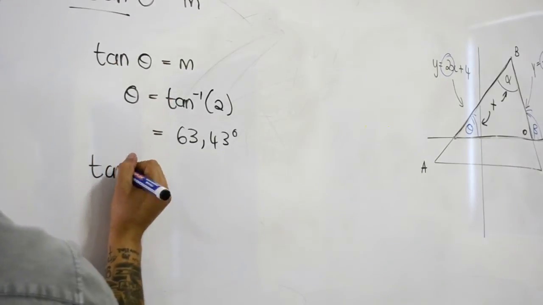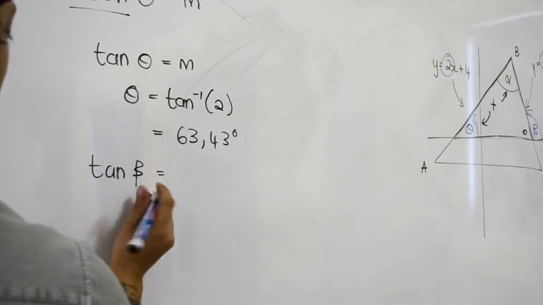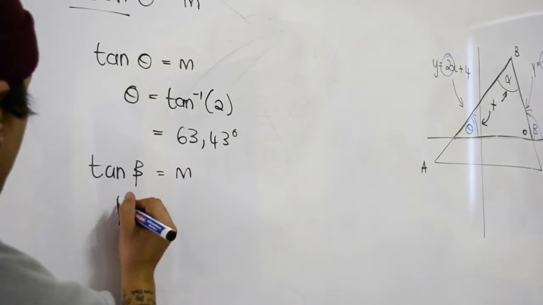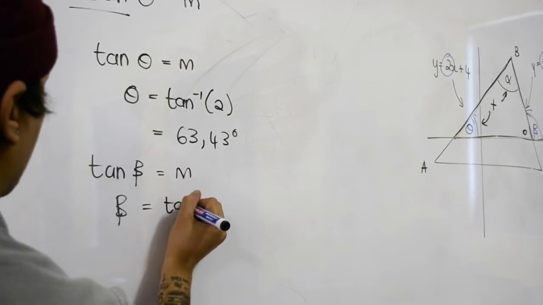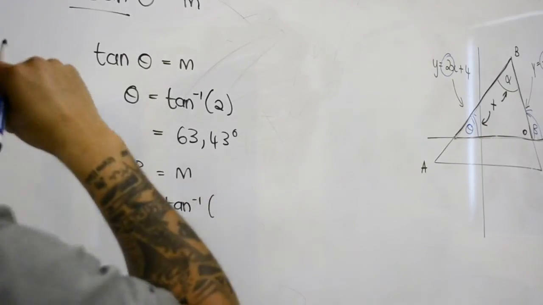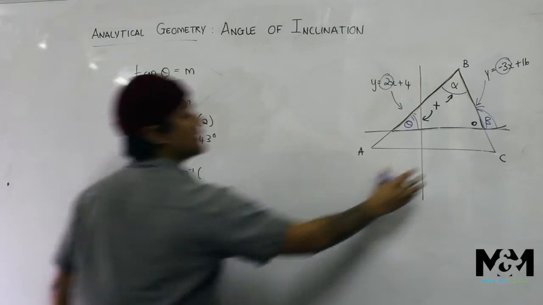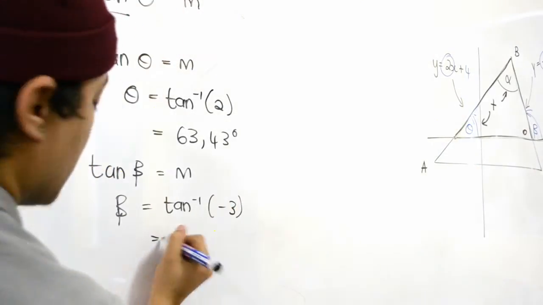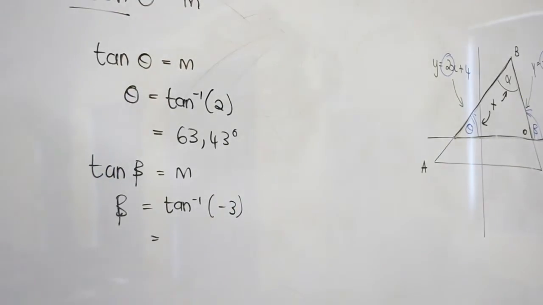Next, I'm going to find beta. So I'll say tan of beta, the angle of inclination, is equal to the gradient. Therefore, beta is equal to arctan of that gradient. What is that gradient? That gradient we see over here is -3. So I'm going to pop in that -3. Arctan -3.